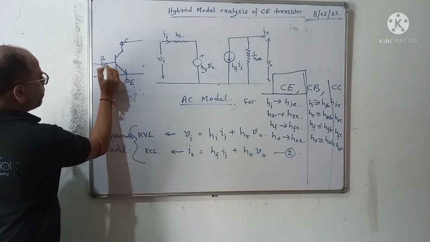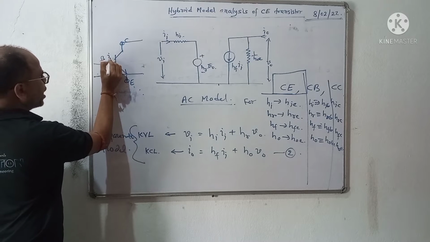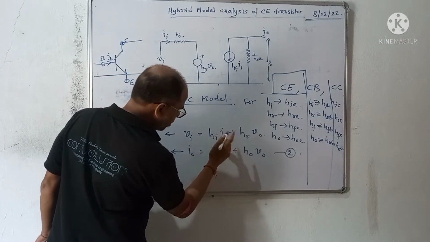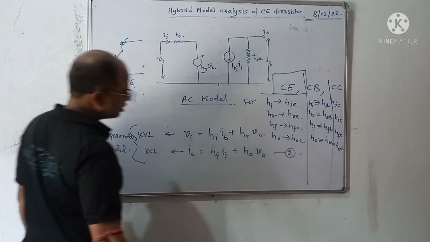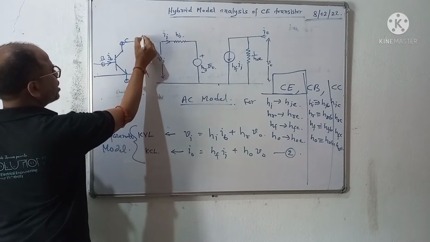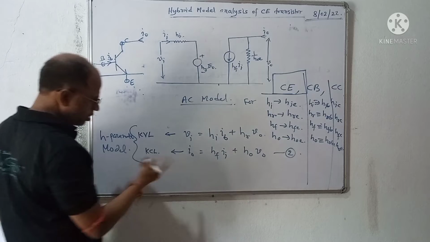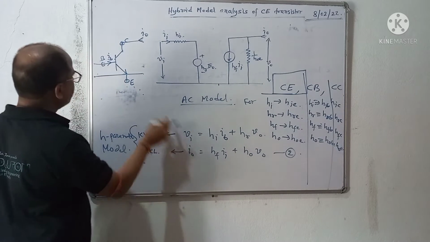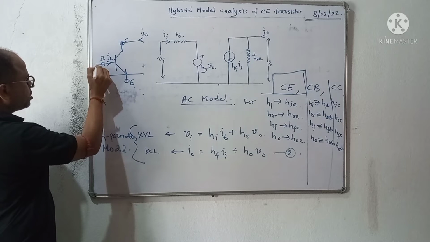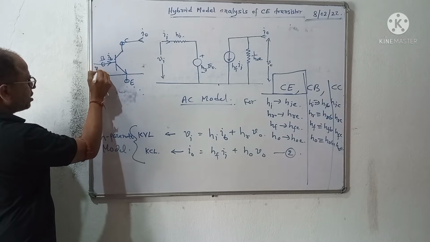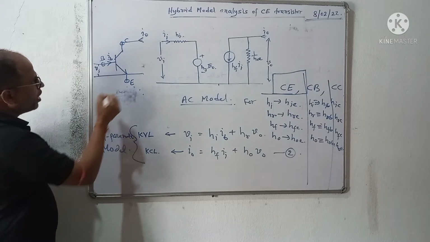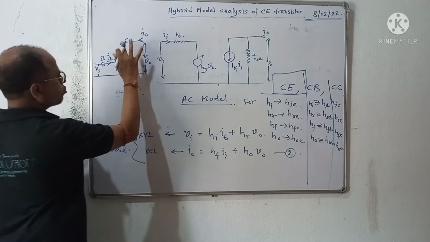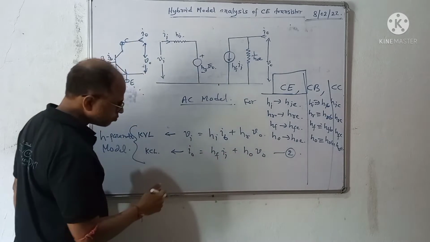The base current is the input current, therefore II is IB, and the collector current is the output current, which I am calling I0. VI is the input voltage across the transistor, and Vout is the output voltage across the transistor.